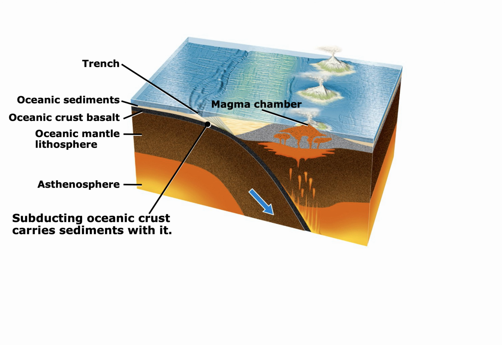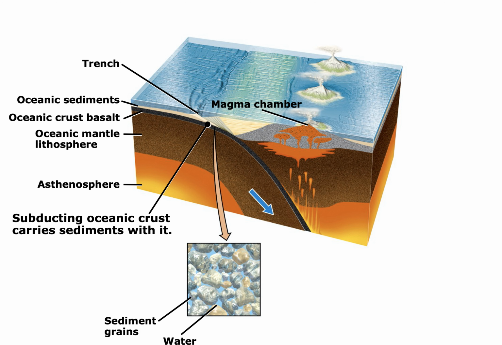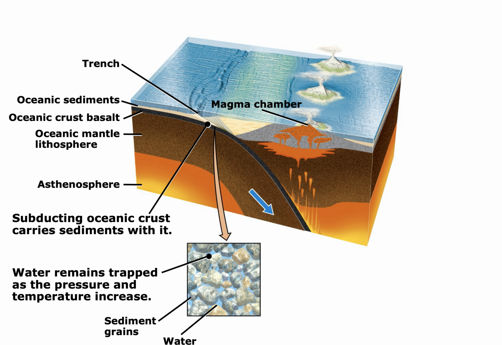So, this subducting oceanic crust of course carries sediments with it, and these sediments are overlying the oceanic crust basalt. Between all these sediment grains we have a lot of water. Of course, these sediments are all very, very wet. And this water remains trapped as pressure and temperature increase.